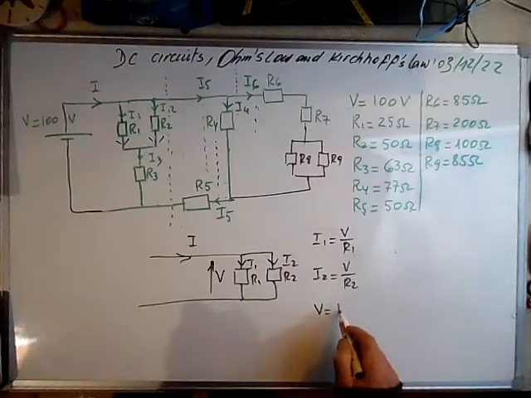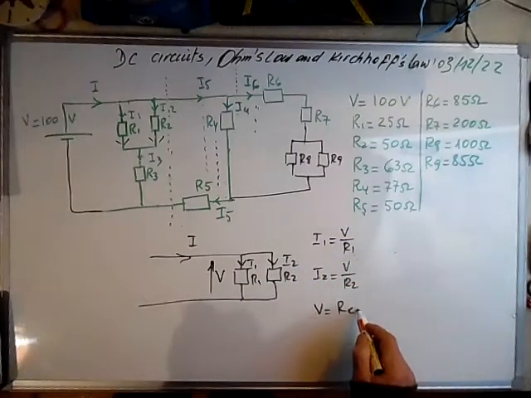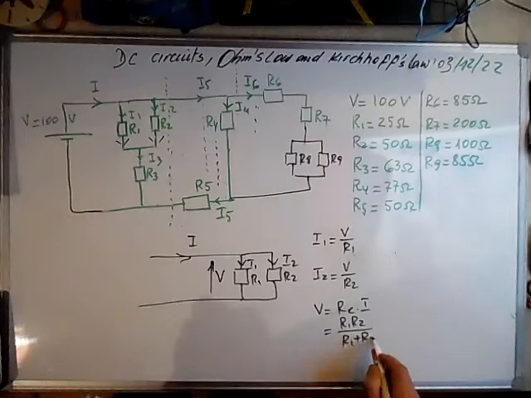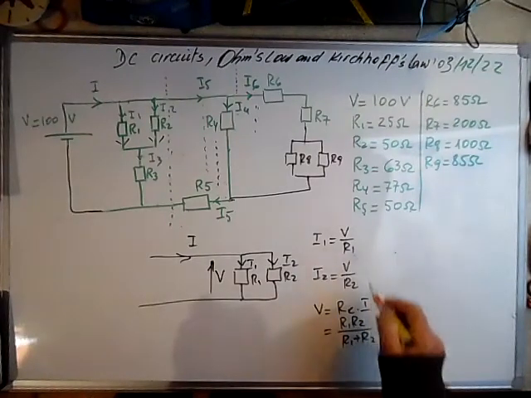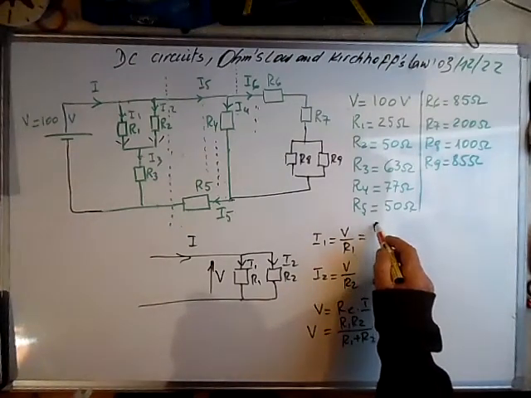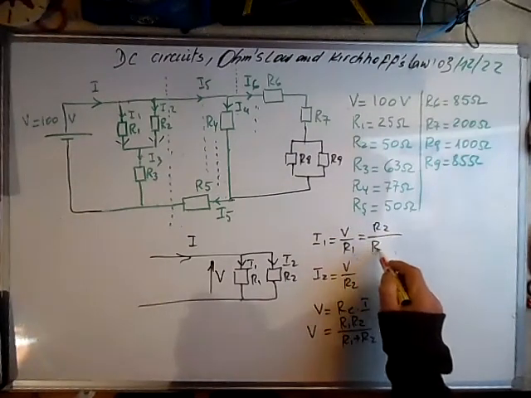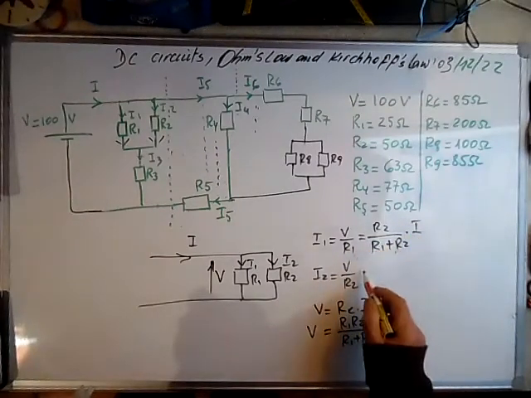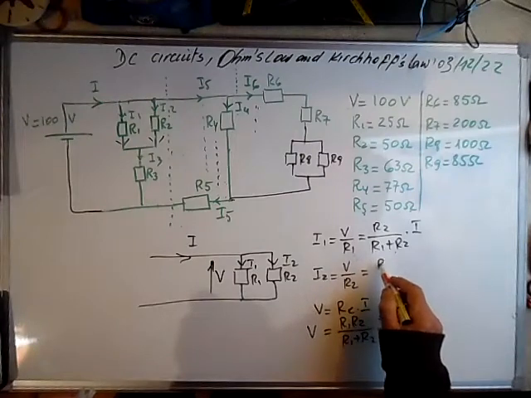Knowing that V is equal to the equivalent resistance times I, it means that it's R1 R2 over R1 plus R2 times I. So we can replace V in this expression and we get the following expression, in function of the main current.